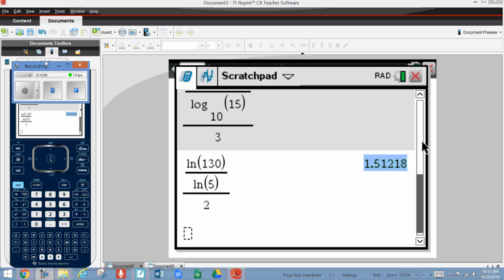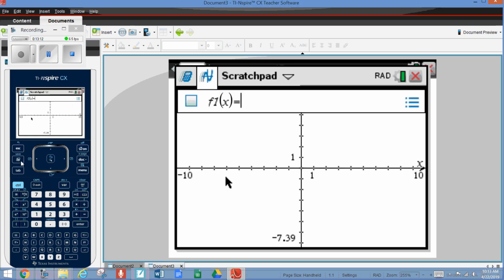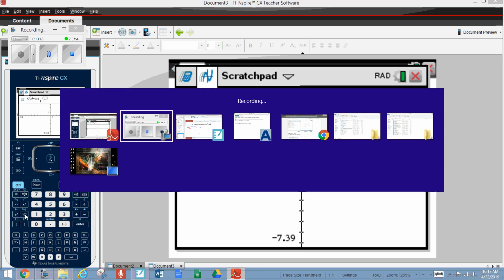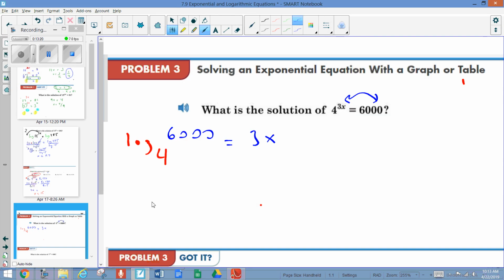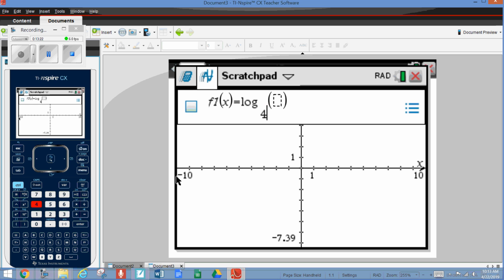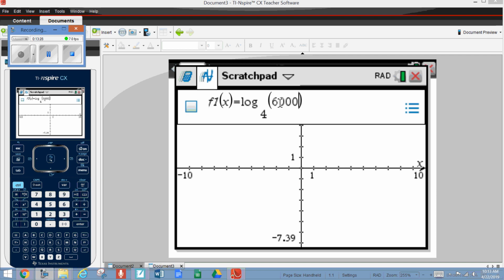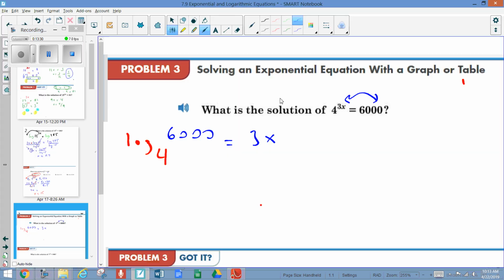Open the graphing calculator portion. Switch. Logarithm. Control log, base 4 of 6,000 is equal to 3x. Do not write that yet.